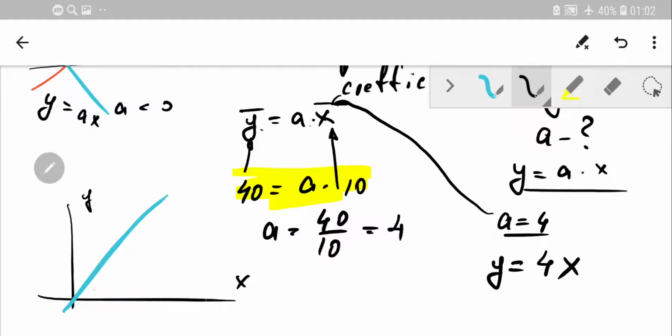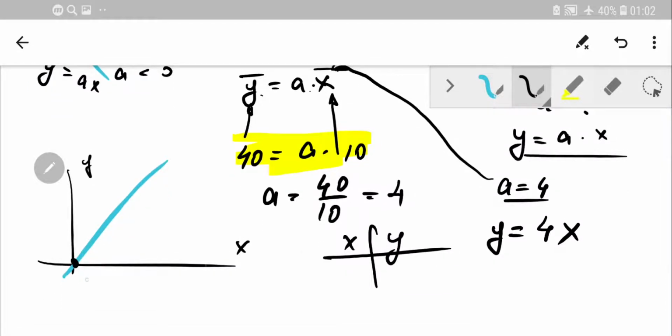If you want, you can even set up a table to have 2 points. The first point is just the origin, 0, 0, and for the next point, plug in any value for x, let's say 1, which means 4 for y. So gradient is 4, that's it.